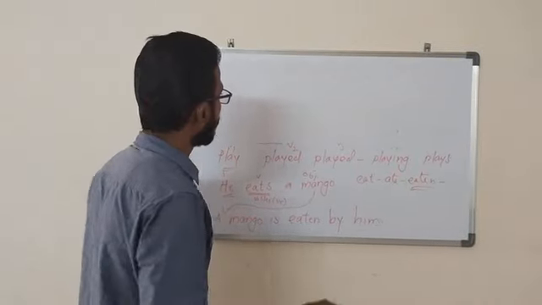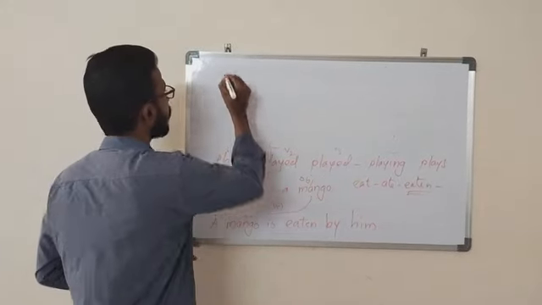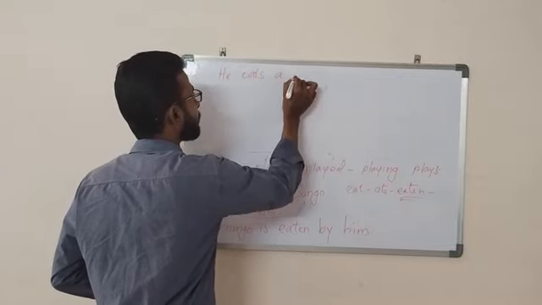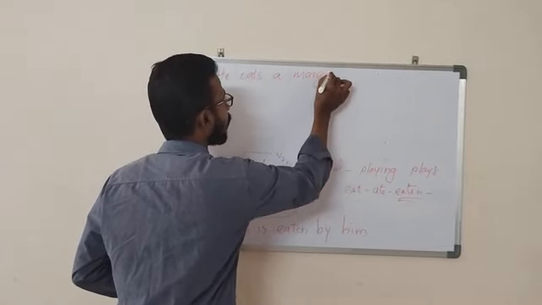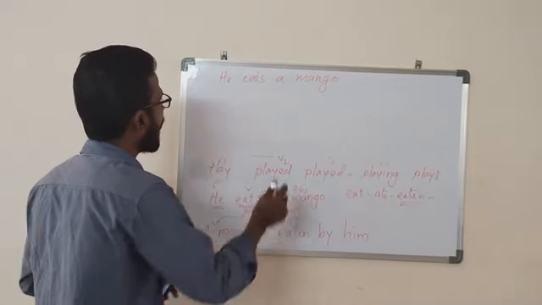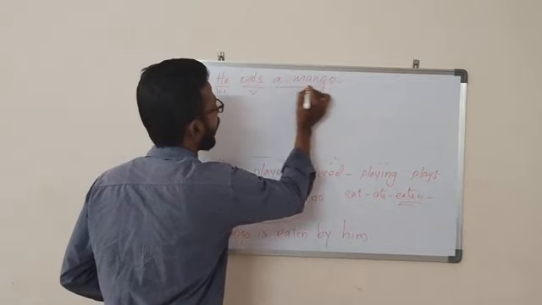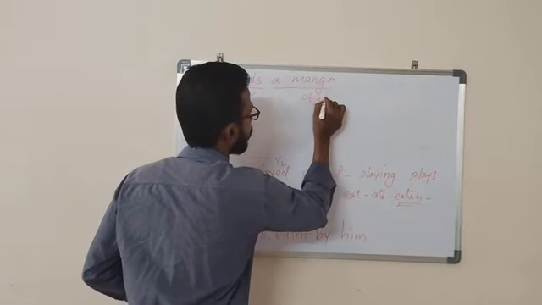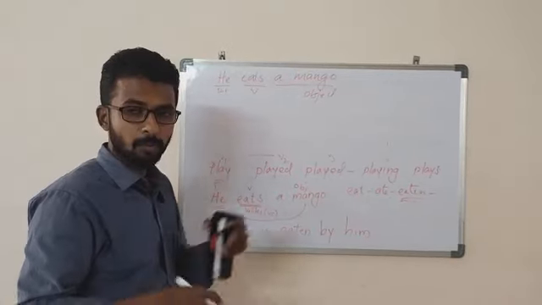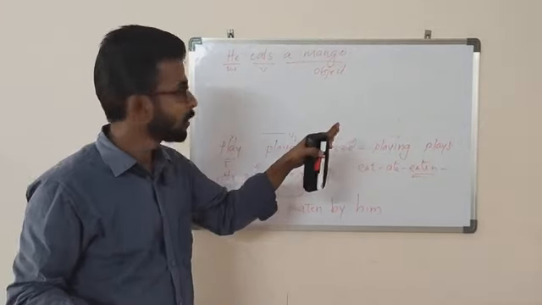This is the sentence. So first of all, when you get a sentence, suppose the same sentence, he eats a mango, the first thing you are supposed to do is identify the subject, then verb and object. So this is the first step when you are changing an active voice into passive voice: identify the subject, verb and object.